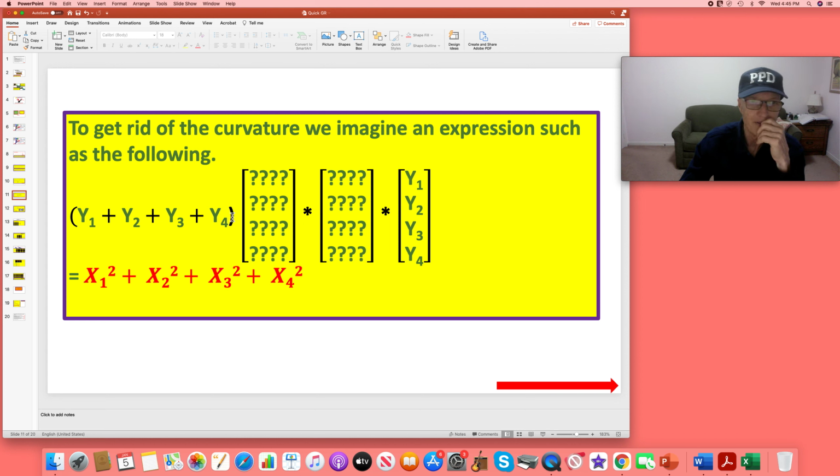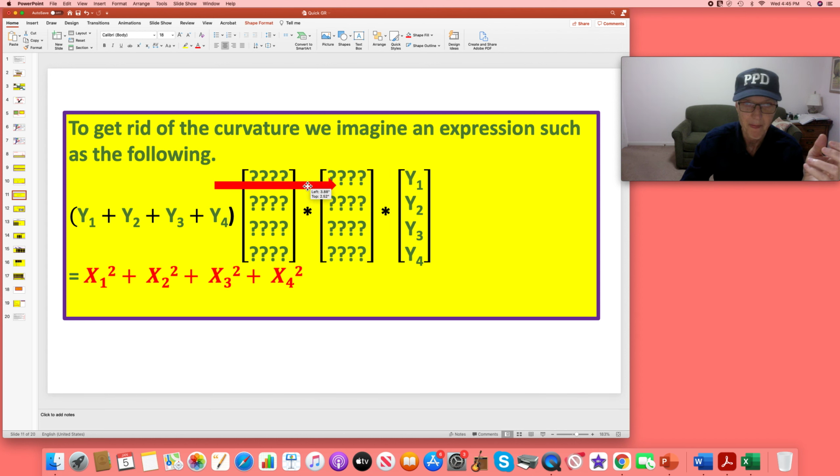We start out with this row vector in y, and over here we've got the column vector in y. The matrix with all the question marks, the one over towards the right, times the column vector has to produce a column vector in x.